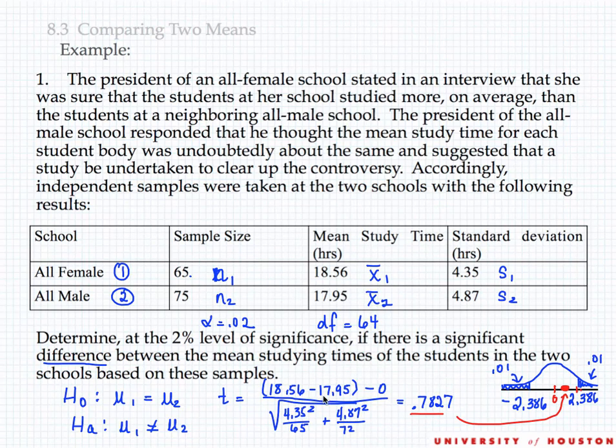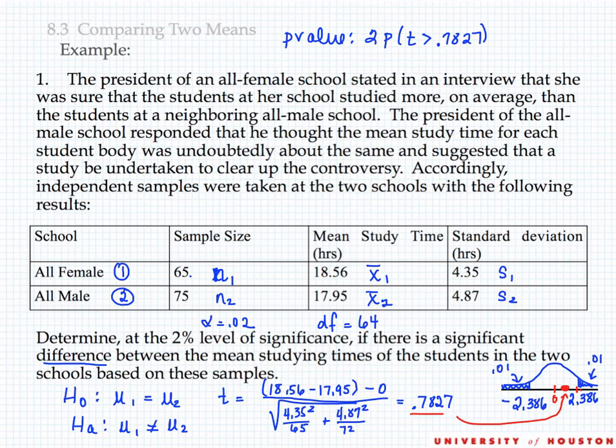Now we need to calculate our p-value for this. I'll do it at the top of the page. Our p-value will be 2 times, since we have 2 tails, the probability that t is, now I have a positive value, so we'll use greater than, again, positive, greater than, negative, less than, 0.7827.